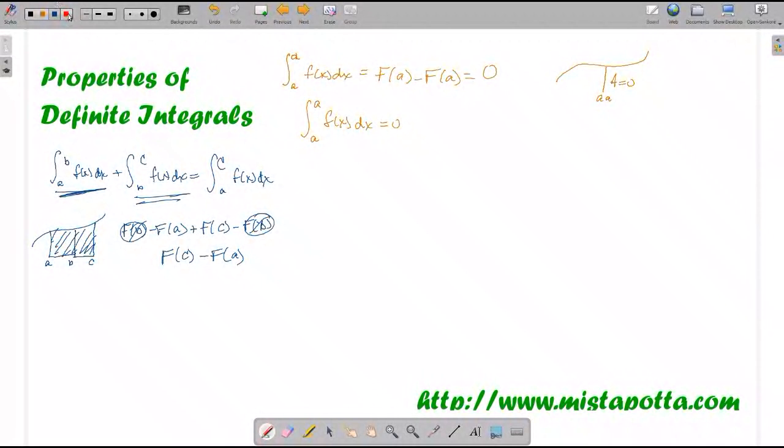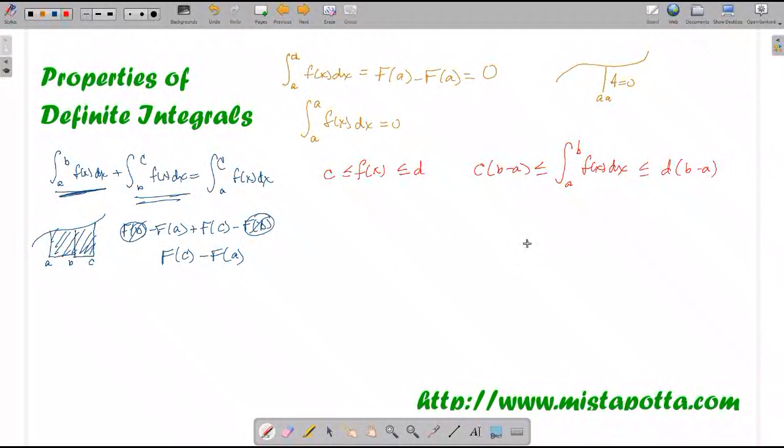Another one that's a little bit common sense is that if I know that my function f of x lies completely between c and d, in other words, if c is my minimum and d is my maximum, then I know that the integral from a to b of f of x dx must lie between c times b minus a and d times b minus a.